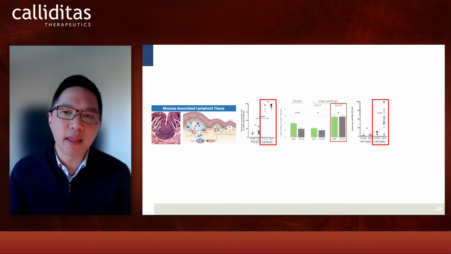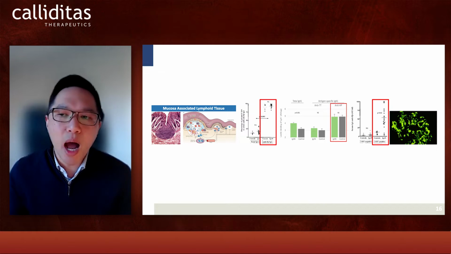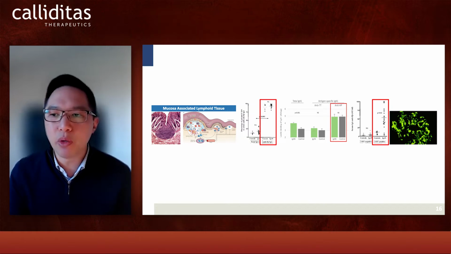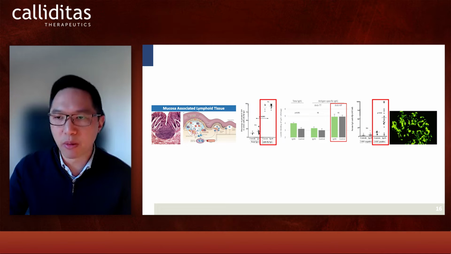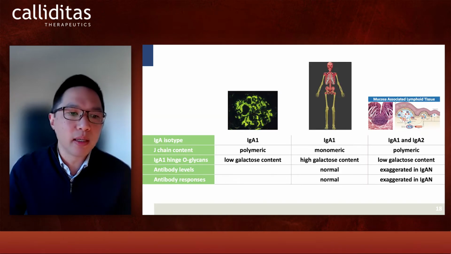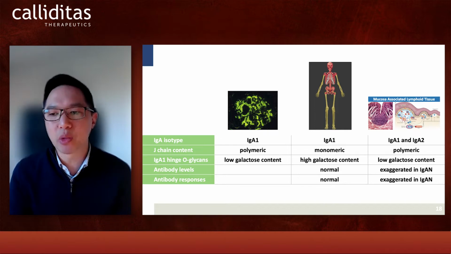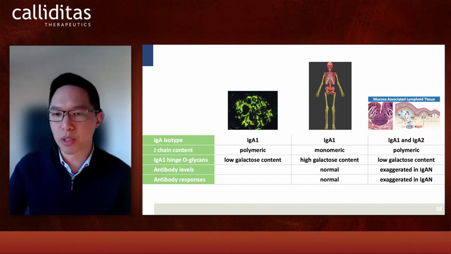This has led to the theory that there's exaggerated IgA responses that are inundating the kidney with immune complexes that drive IgA nephropathy. So going back to our table then, if we look at antibody responses against a mucosal antigen, these seem to be exaggerated in patients with IgA nephropathy compared to healthy subjects.